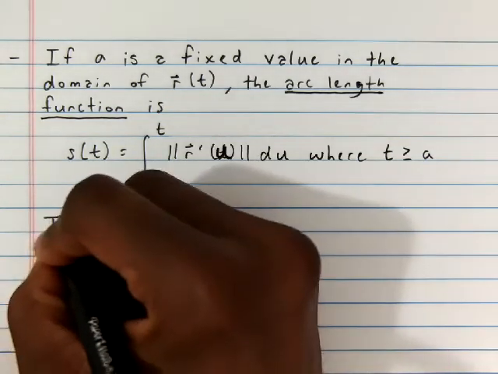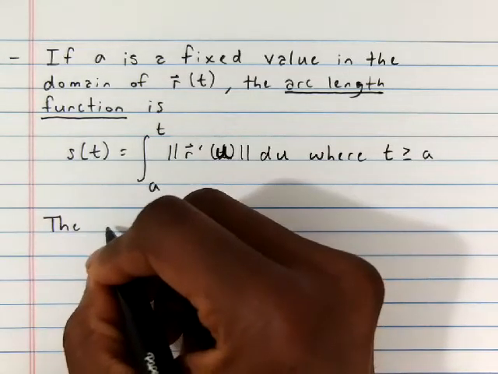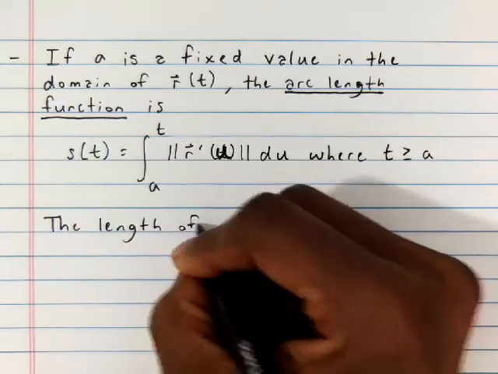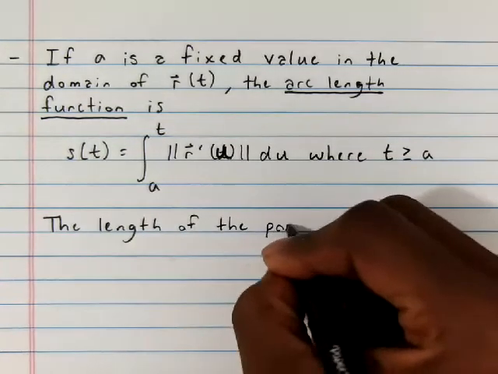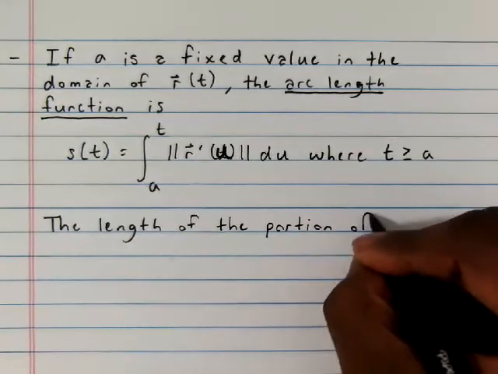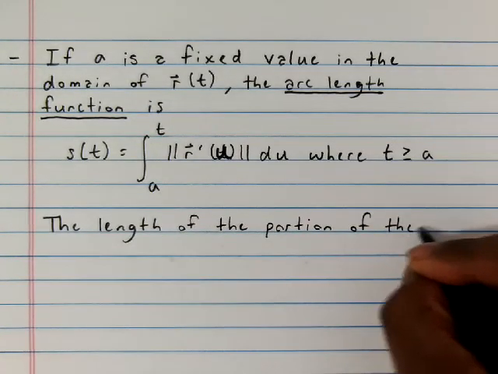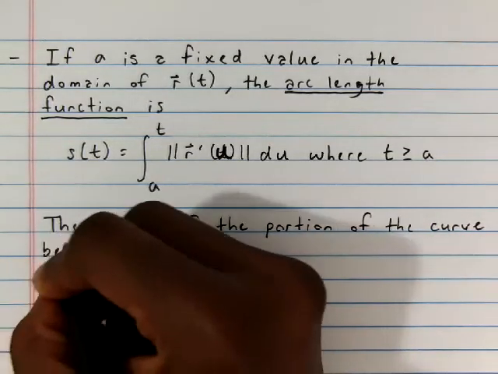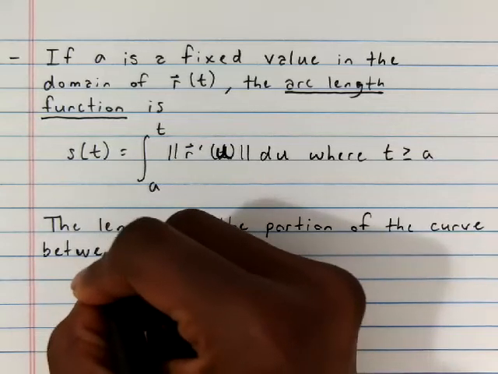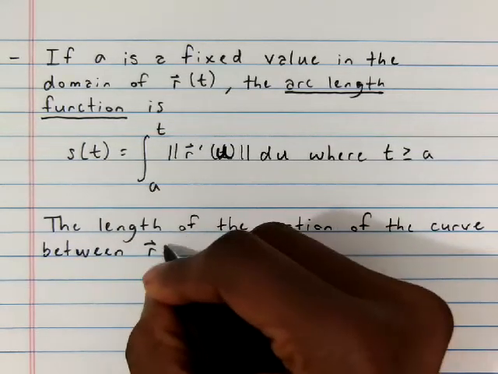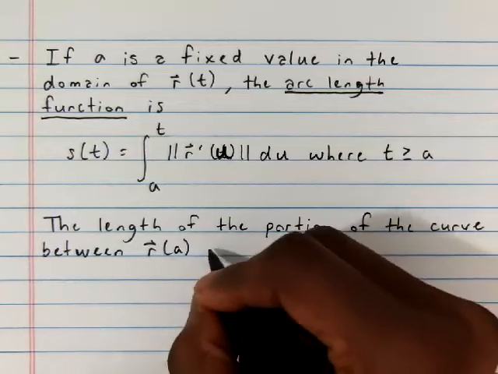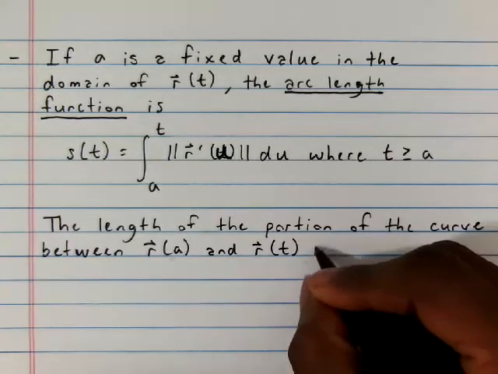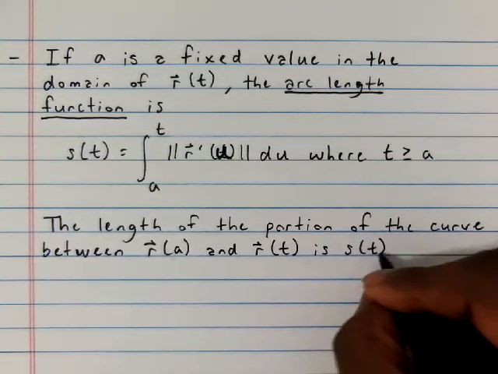So the length of the portion of the curve between r of a and r of t is S of t.